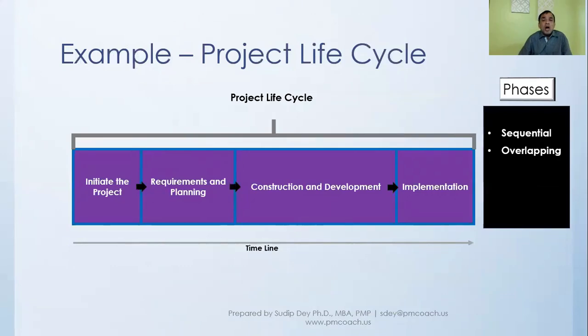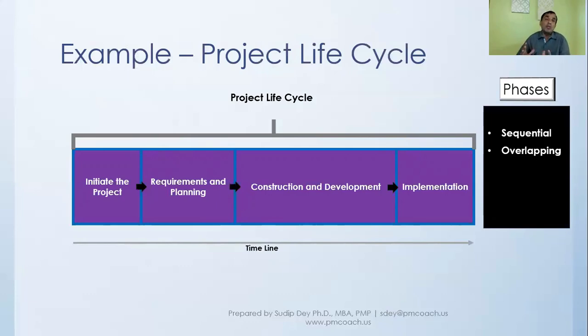Let's say you are constructing a hotel, and that is your project. Let's say you have two phases. One is the actual construction of the building, and another is the construction of the landscape, or landscaping, which is the next phase.